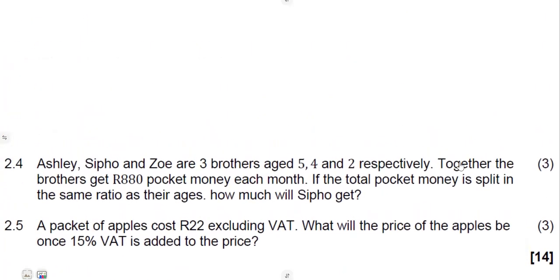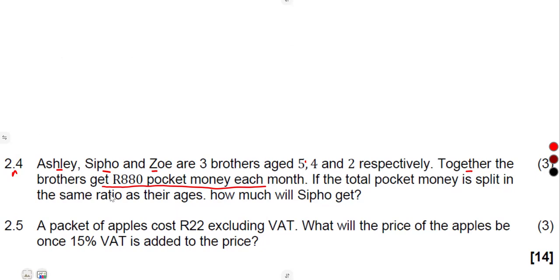We are given that on 2.4, Ashley, Sipho, and Zo, you don't know how you're going to pronounce that, are 3 brothers, aged 5, 4, and 2, respectively. Together, the brothers get 880 rand each month. All right, pocket money each month.